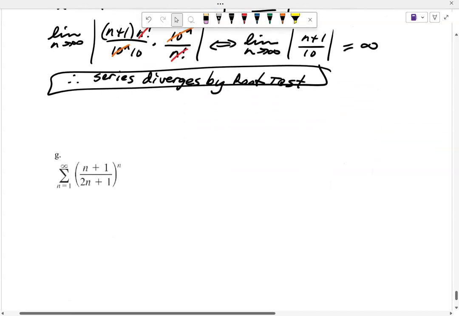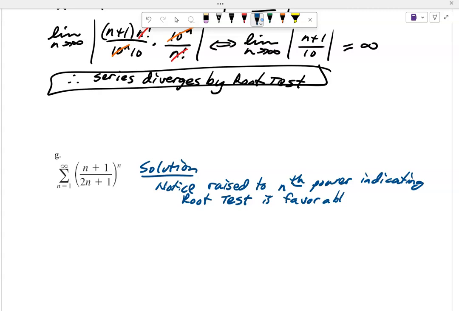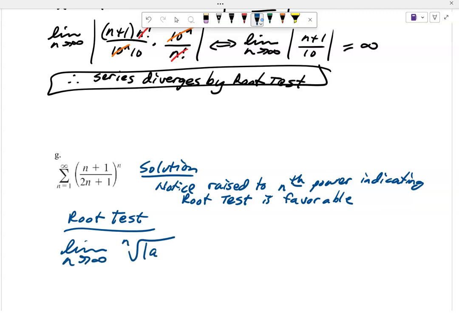On this next one, if you notice here, we're raised to an nth power, indicating that the root test might be very favorable. So let's go ahead and run the root test on this one. The nth root of the absolute value of a to the n.